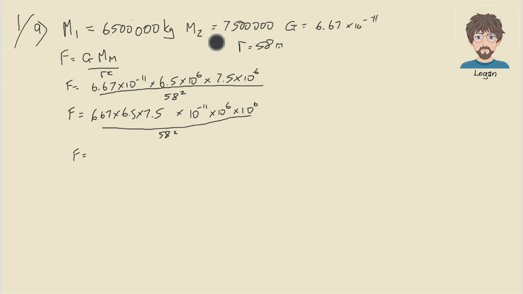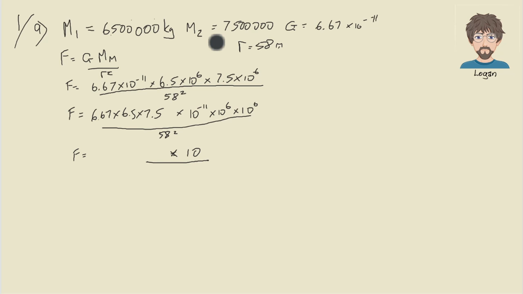The reason we want to do that is that the exponents can be done super easy, because it's an addition and subtraction thing. So 6 plus 6 is 12, minus 11 is 1. So that side of it is times 10.